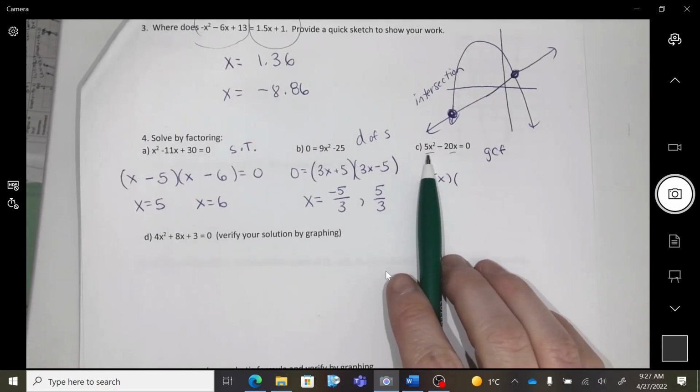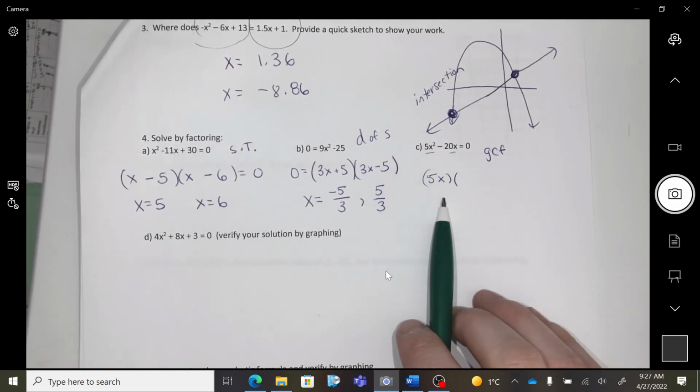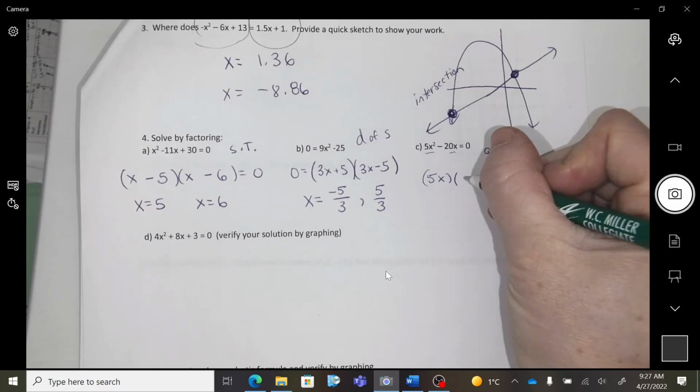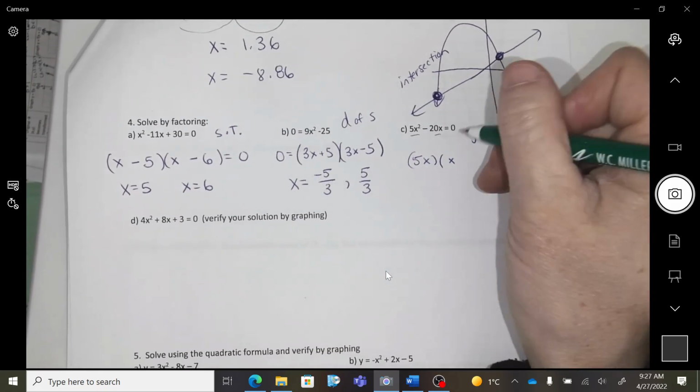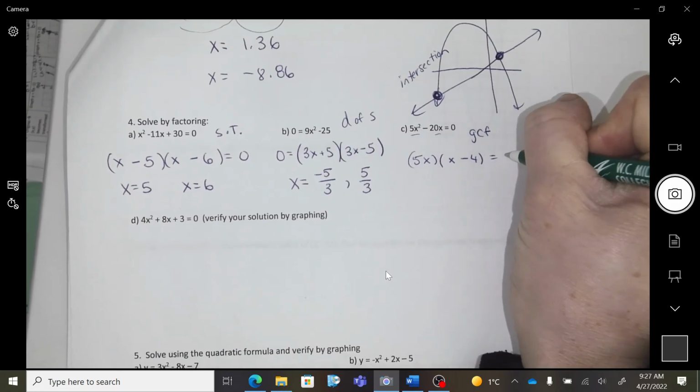Okay, if I divided this by 5x, it would leave me with x. If I divided this by 5x, it would leave me with a subtract 4.